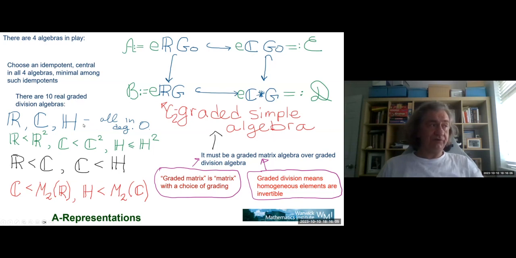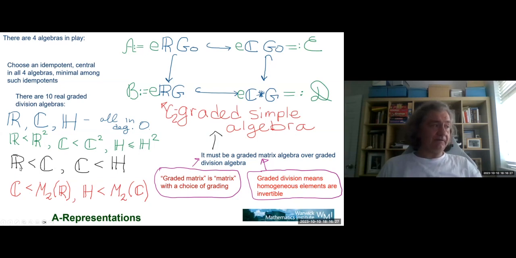There are the usual division algebras, the reals, complex numbers, and quaternions, all sitting in degree 0. Then there are 3 where R, C, and H are sitting diagonally. There are 3 opportunities like this.